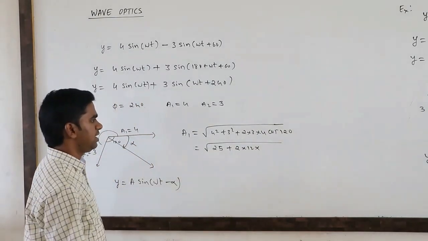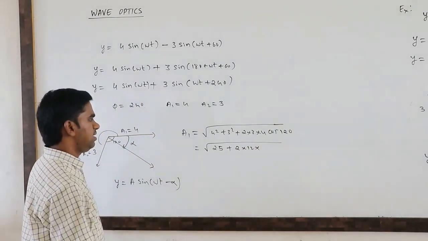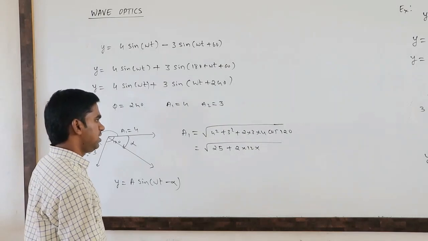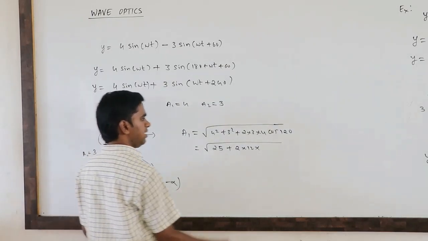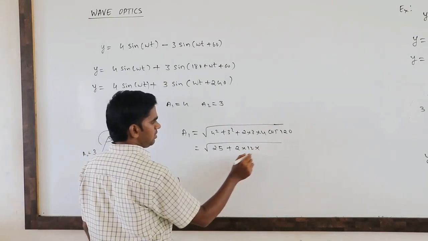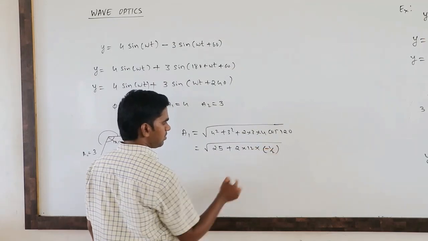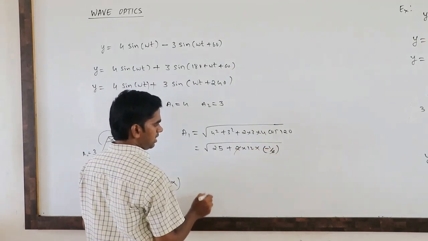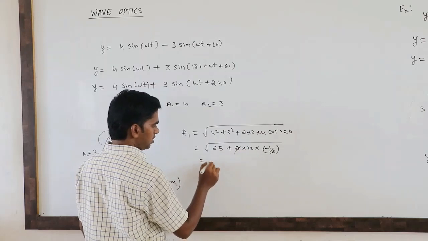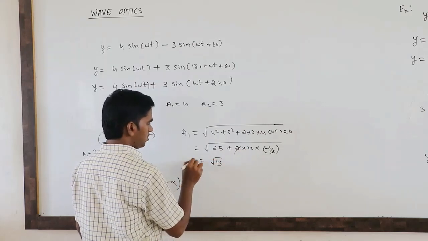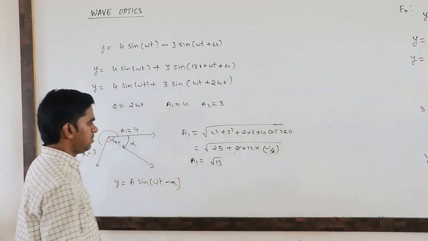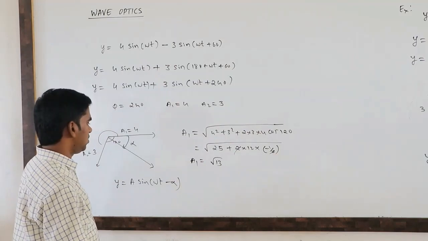Cos 120 I can write as cos of 90 plus 30, which is nothing but minus sin of 30, minus 1 by 2. So these two will get cancelled. So 25 minus 12, it is going to be root 13. This is your A.